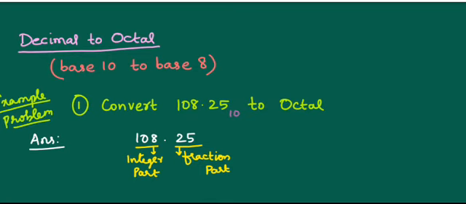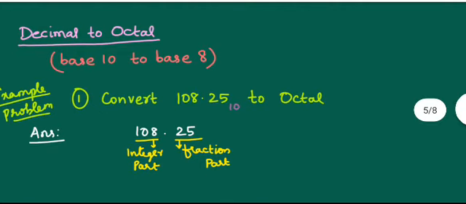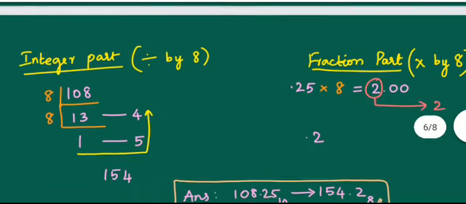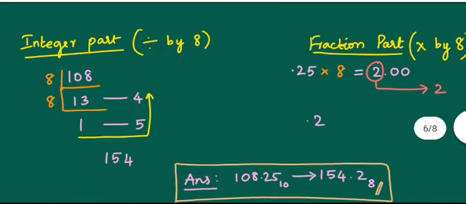Now we are going to convert the decimal number into octal, so the base value here you have to take is 8. 108 is the integer part, 0.25 is the fraction part. The integer part you divide by 8 and the fraction part you multiply by 8.